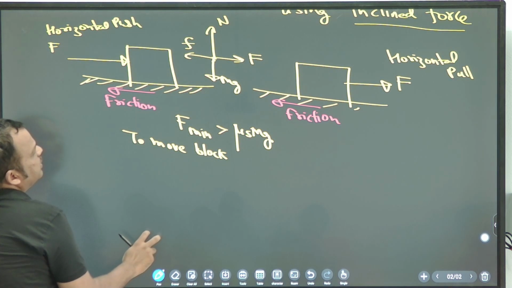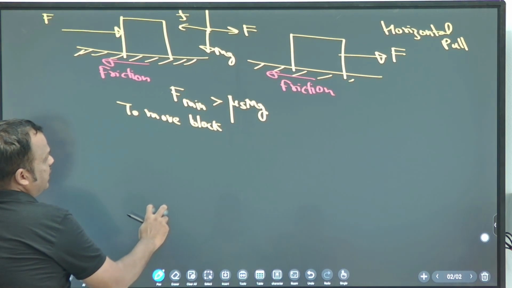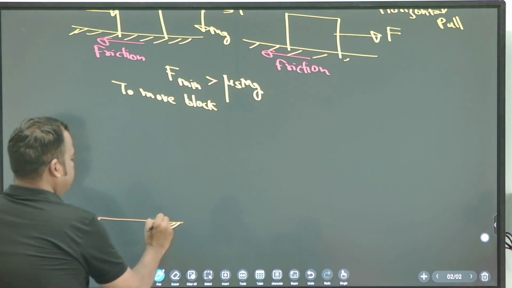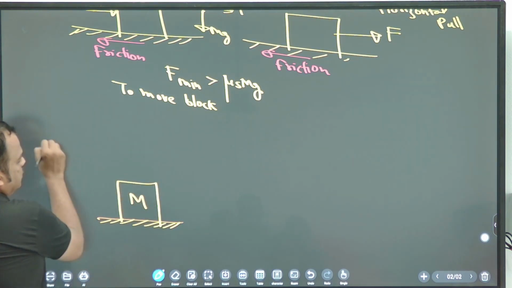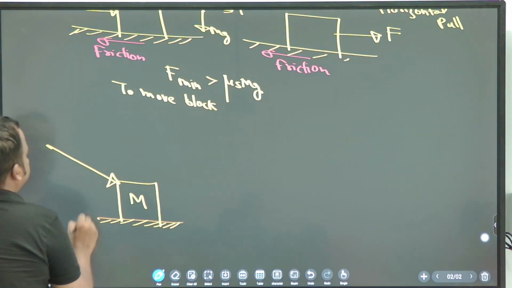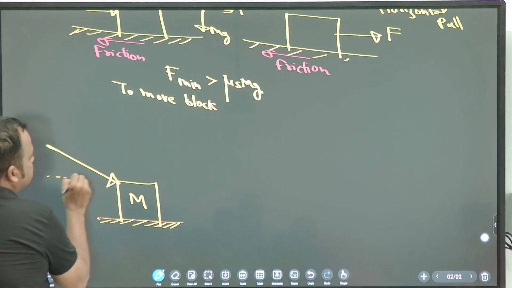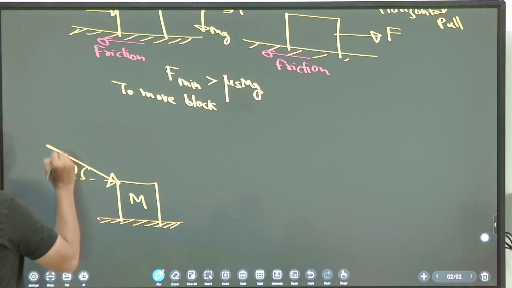Now what do you mean by inclined? So let's check inclined push. So this is the block. Now force is like this. This is inclined push. What angle making with horizontal? Theta.